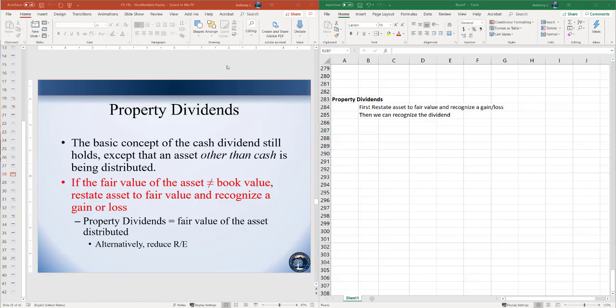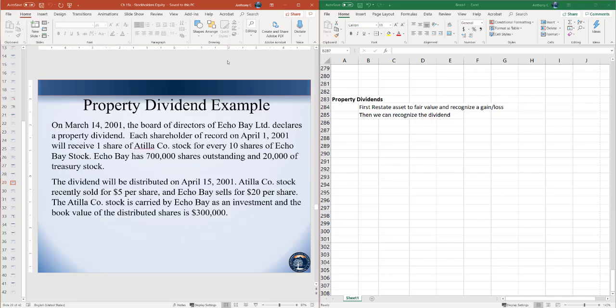So to see how to do this, let's look at an example. On March 14th, the board of directors of Echo Bay declares a property dividend. Each shareholder of record on April 1st, 2001 will receive 1 share of Attila stock for every 10 shares of Echo Bay stock.